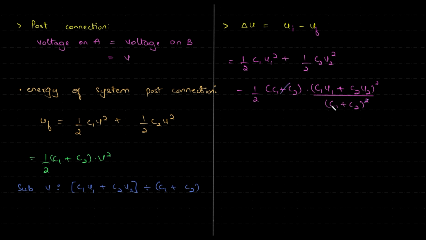So this and this will get cancelled. This entire thing is 1, the powers being 2 minus 1. That's the right way to put it across. Then half is common everywhere.